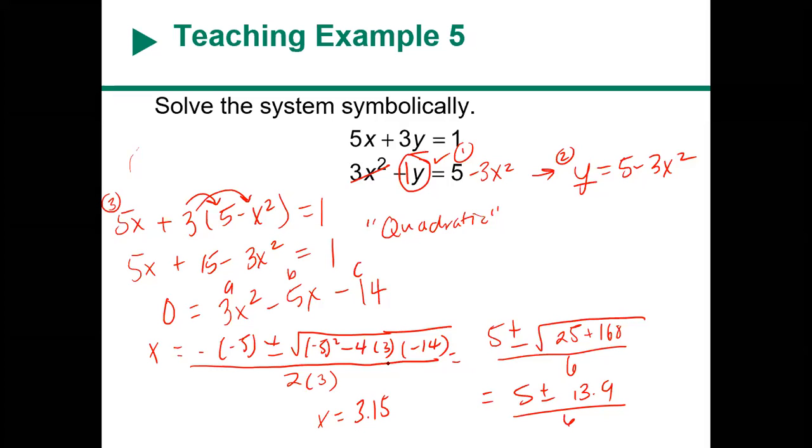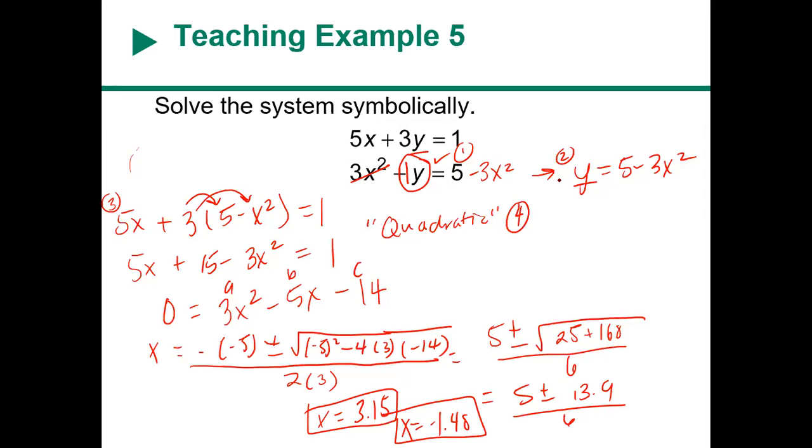And that gives us negative 1.48. So because I have two x's, that means I'm going to have how many y's? I'm going to have 2 y's. So step 3 is complete. Step 4 is I take the values that I got and I'm going to substitute back in to step 2. So I'm taking x equals 3.15, x equals negative 1.48, and substituting them back into this equation to solve for y.